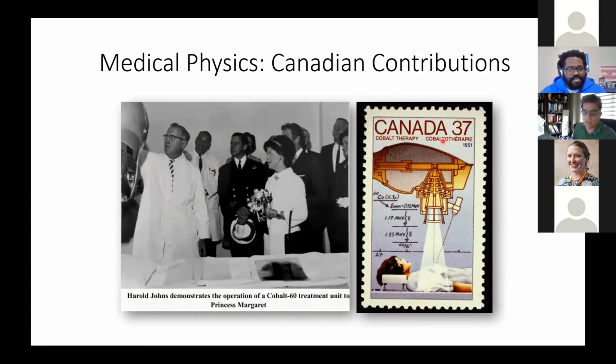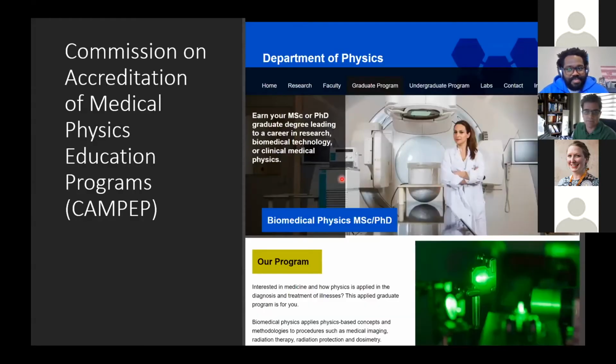And you've made it big when you get a stamp, right? And here is the stamp that commemorates the development of this radiation technology. This is also known as the cobalt bomb, still used in many parts of the world, but we have more advanced technologies now in Canada, so you won't see it really in Canada. It's a very strong program.